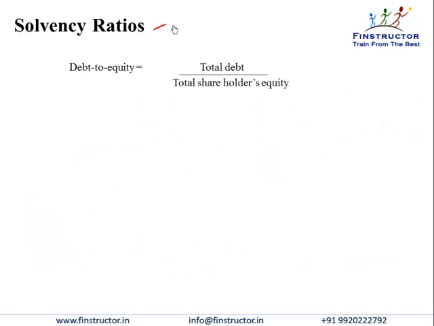Solvency ratios tell us about the long-term funding position of the company. So does the company have enough assets and equity to meet its long-term obligations? So the first ratio that we'll study is called debt to equity, which is calculated as the total debt, short-term plus long-term, upon the total shareholders' equity. This will include preferred equity, if any.